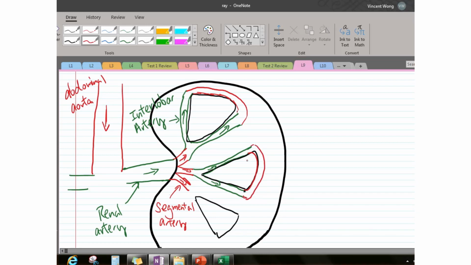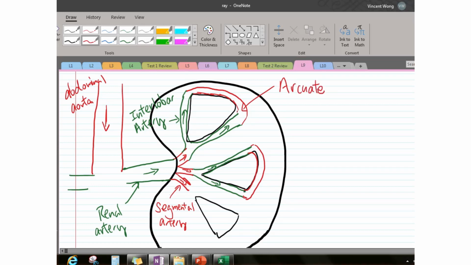Remember, this is supposed to be a 3-dimensional picture, so they're not necessarily going to connect. One might come out of the page, and one might go into the page. But for simplicity, I'm just going to represent them like that. The one on the outer edge we call the arcuate artery.